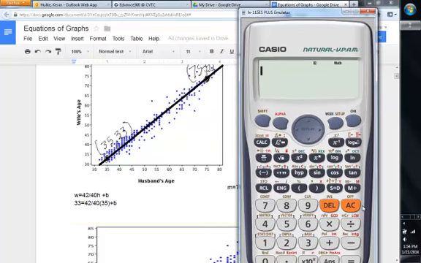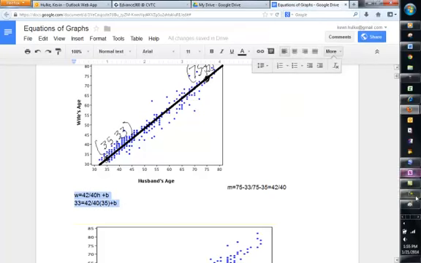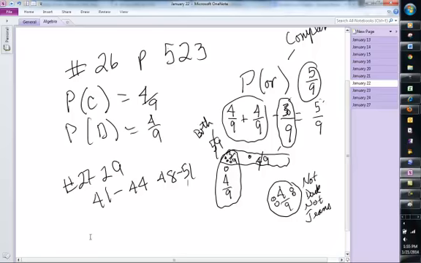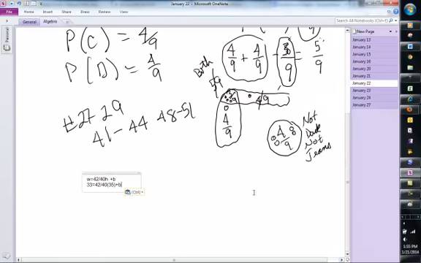I'll copy it here and put it on our document so that you can see what the math is.